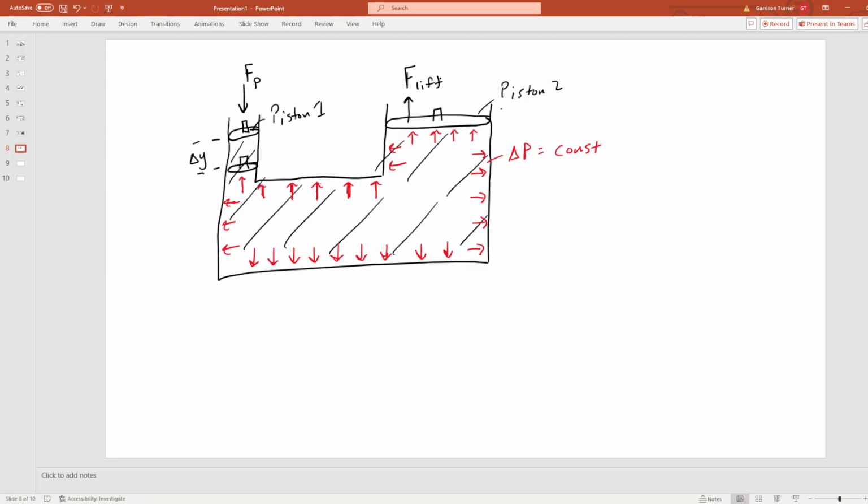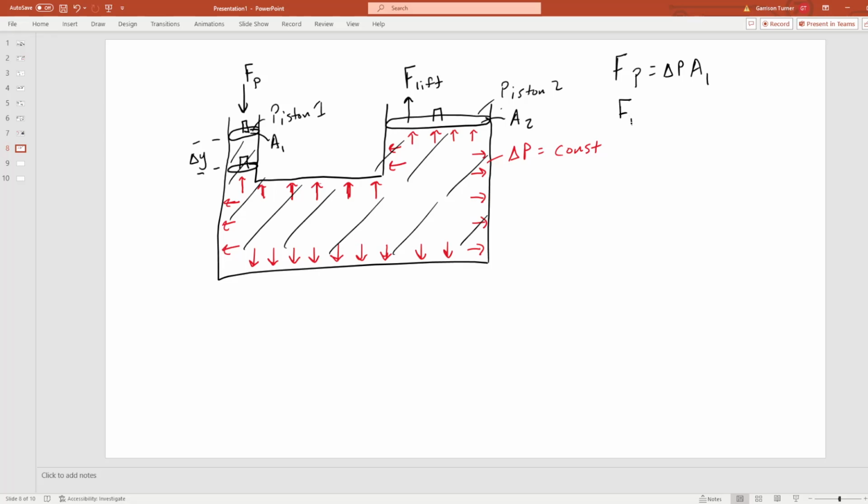If I look at these forces, Fp, my pushing force, is equal to my change in pressure times area 1. Piston 1 has area 1, and piston 2 has area 2.